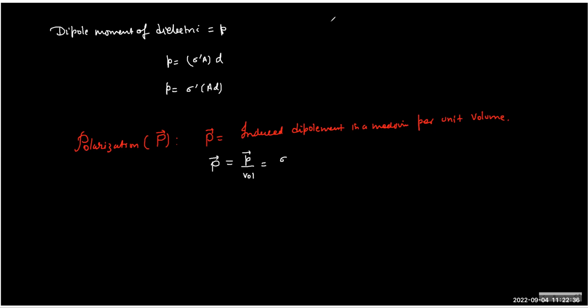Let's write the value first separately. Numerically, in magnitude, you can write P as sigma dash A d upon volume. Volume itself is A d, isn't it? Yes.